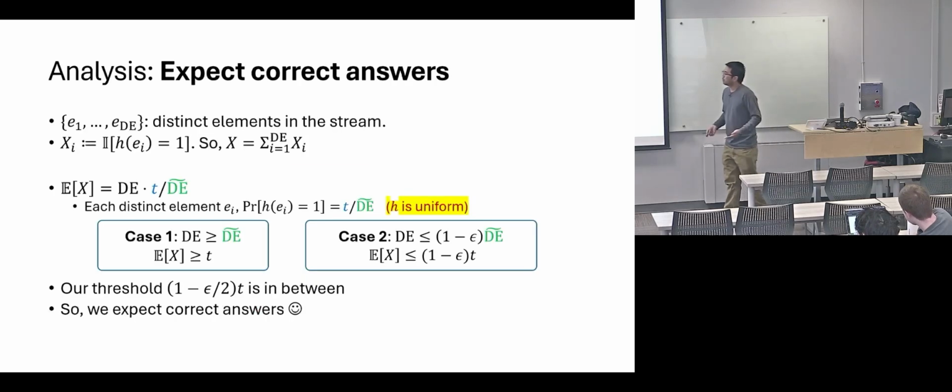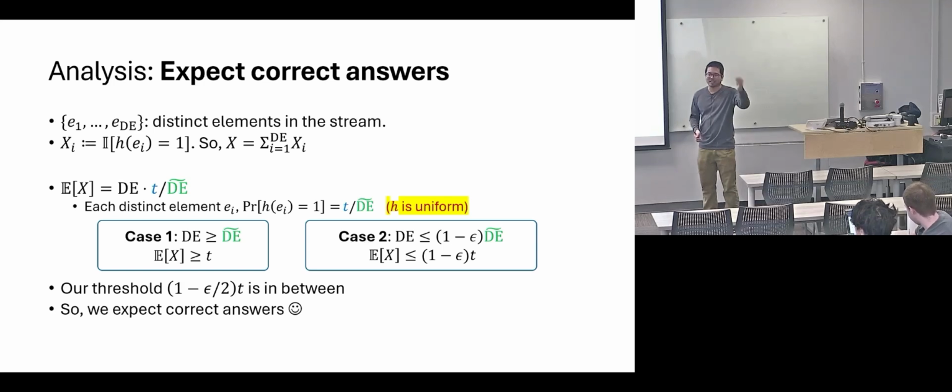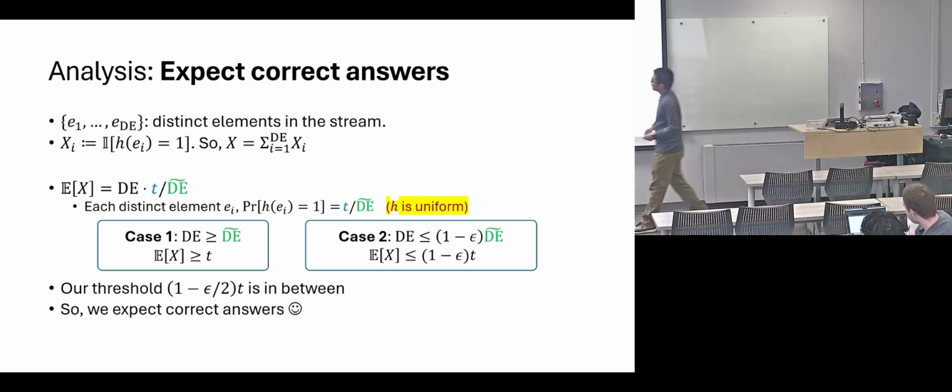So what we did in our analysis is two steps. One is to compute the expectation, and one is to compute the variance. Let's look at the first step. When we compute the expectation, the property that we need from our hash family is that h is uniform. Everything is mapped to 1 with probability 1 over the range. So it's uniform.